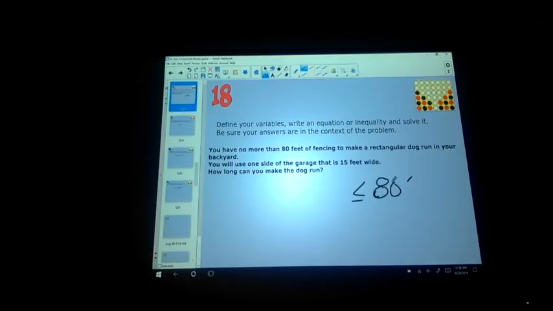All right. You will use the side of your garage that's 15 feet wide. If you had this 15-foot section of your garage that you're going to use for your dog run, this is the region you're going to talk about.